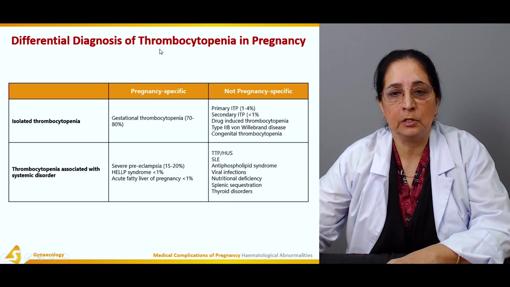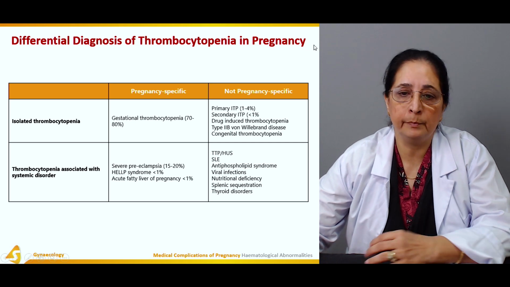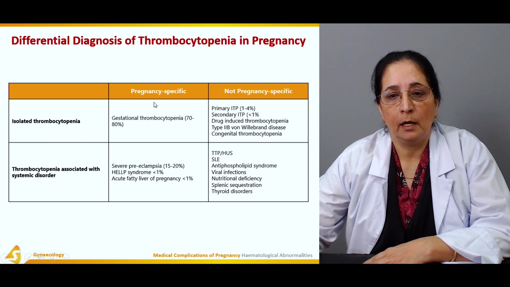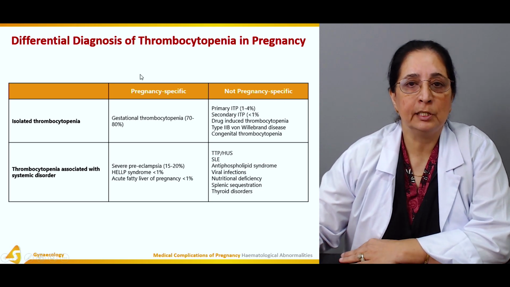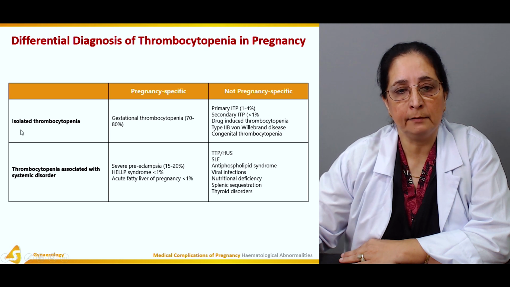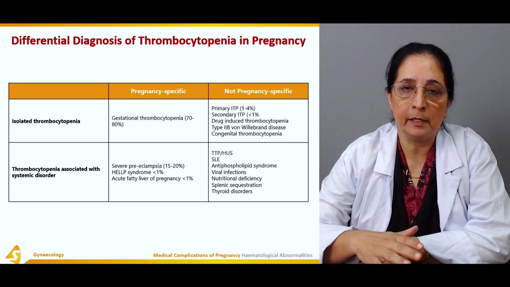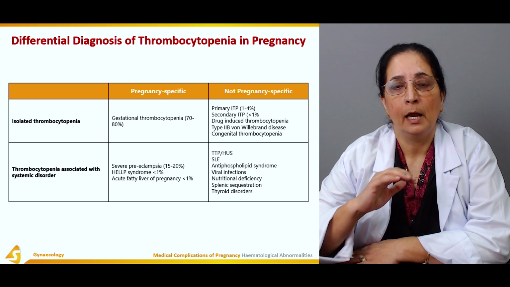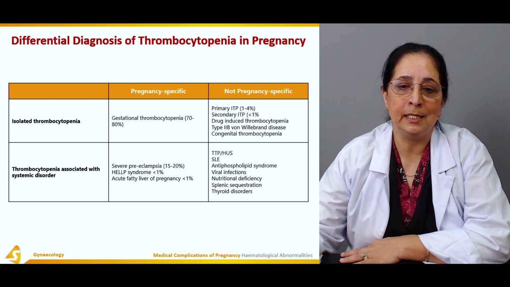Differential diagnosis of thrombocytopenia in pregnancy. We have two mainly: one is pregnancy specific, then we have non-pregnancy specific. In pregnancy, we have isolated thrombocytopenia. There is no other abnormality associated with the blood. It is only isolated thrombocytopenia.